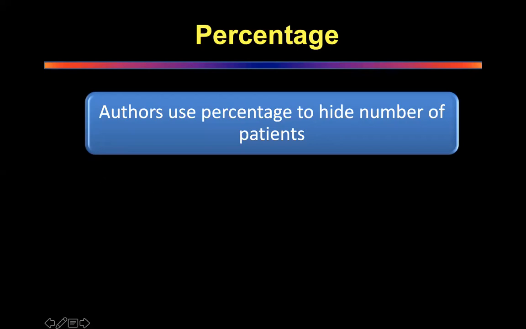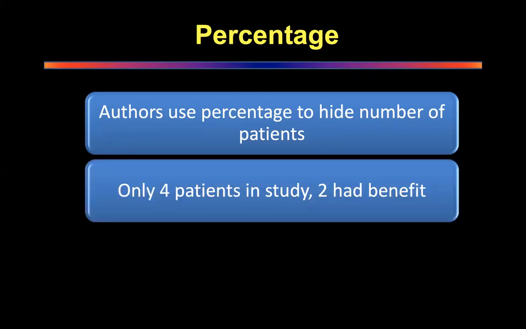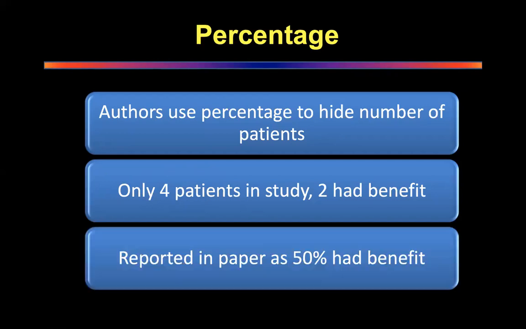I'll tell you the number of times I've read papers where authors have said 50% of the patients had benefit with this treatment. Then when you read underneath the percentage, you find there were only 4 patients in the study, and 2 of them had benefit. And the author is reporting 50% had benefit, hence this treatment is better than that treatment.